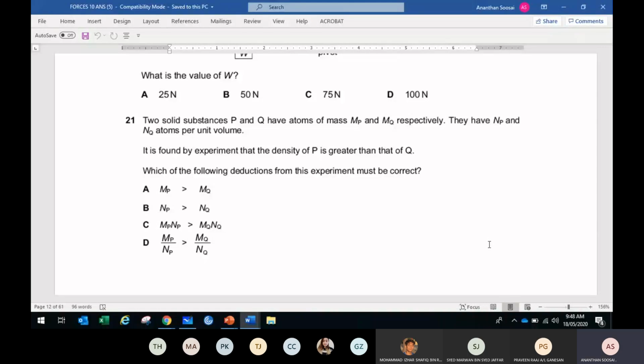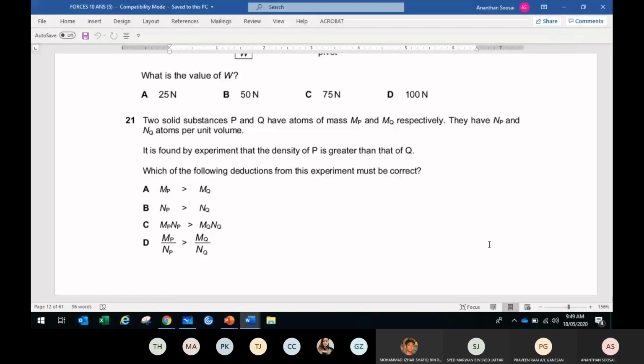See, the concept is density, but see the way they write the equation, they're trying to confuse you. Please read carefully. Every atom of P has a mass of MP. MP is the mass of one atom. MQ is the mass of one atom of Q. The density of P is found to be greater than Q. NP and NQ are atoms per unit volume.